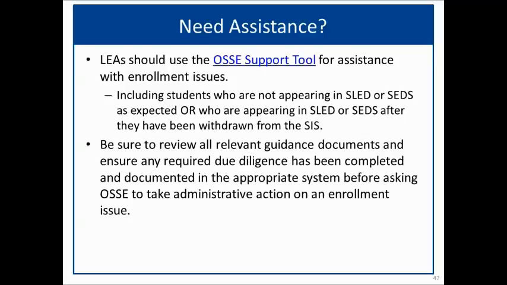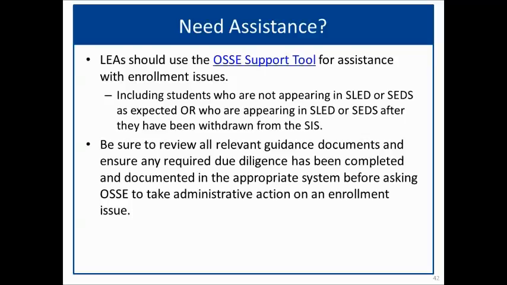And if a student is not appearing in SLED or SEDS as expected, or is appearing in SLED or SEDS after you have withdrawn the student, you can submit a ticket to the OSSE support tool to receive guidance and support around how to resolve that issue.